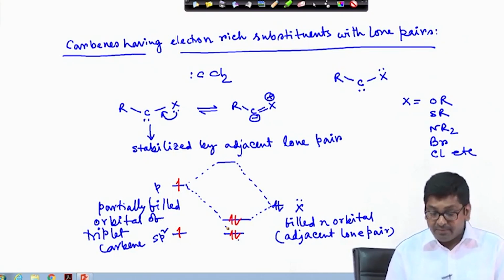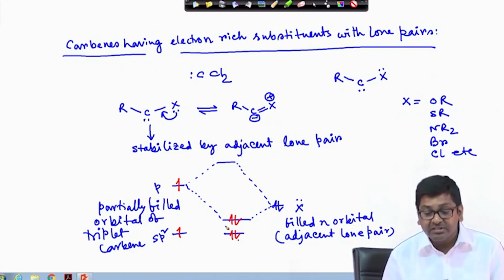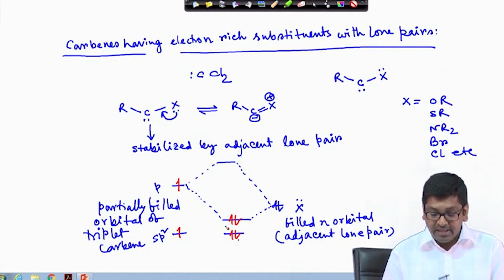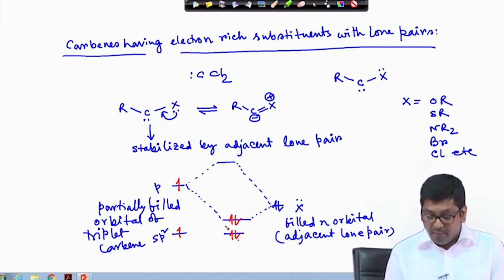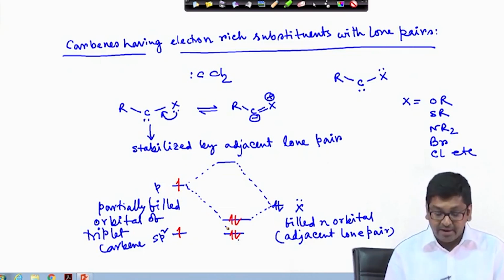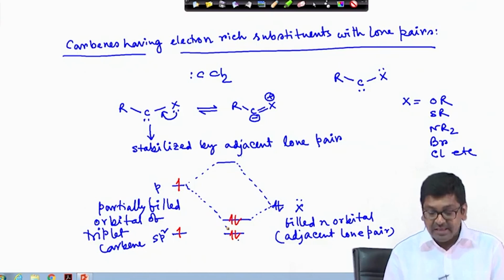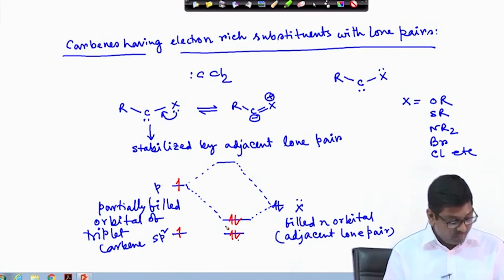But the carbenes which are having electron rich substituents with lone pairs, they are staying as a singlet because of the filled n orbital of this adjacent lone pair that can stabilize this type of carbenes, and overall these type of carbenes are becoming singlets. Okay.